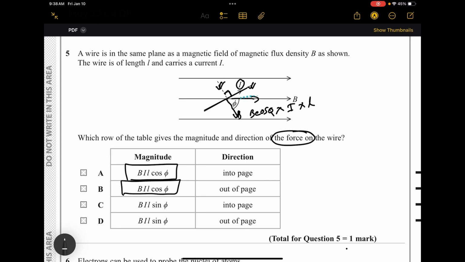We know here that the current is acting in this direction and the magnetic field is acting right here. If the current is in this direction, we will put our second finger in this direction and our first finger in this direction. What we will figure out is our force is into the page. So our correct answer will be A.